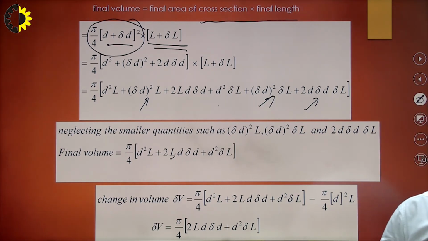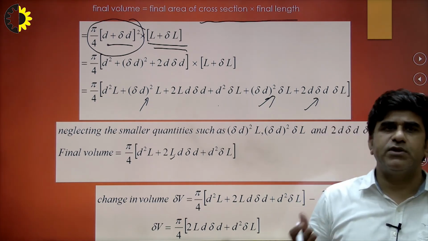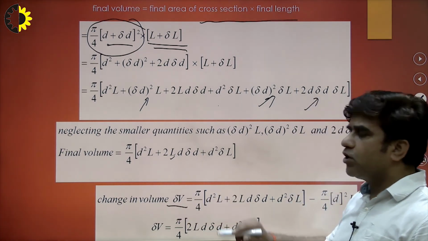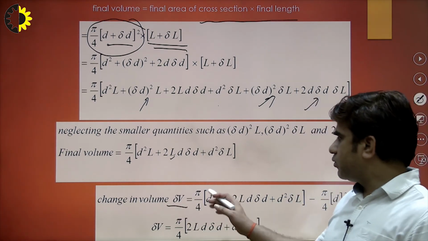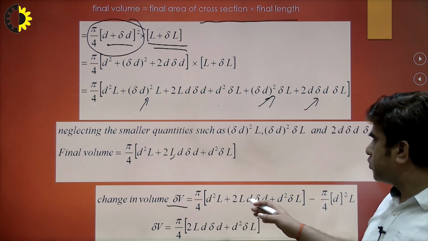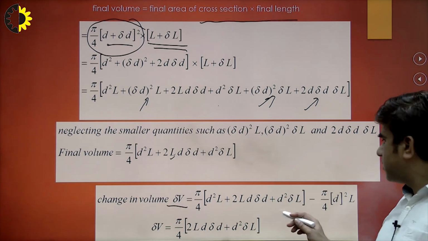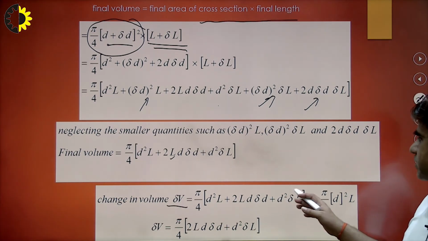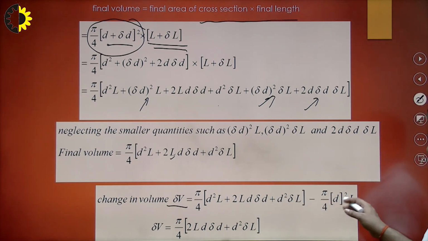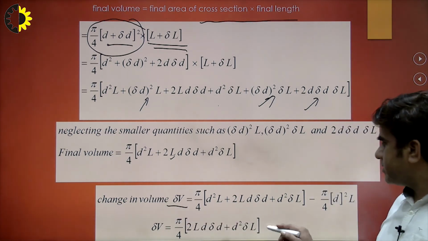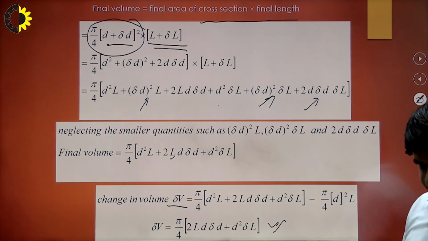So, just by subtracting the initial volume from the final volume, we can find the change in volume. The change in volume del V equal to pi by 4 d square L plus 2 L d into del D plus d square del L minus pi by 4 d square L. Okay. So, del V comes out as this much.